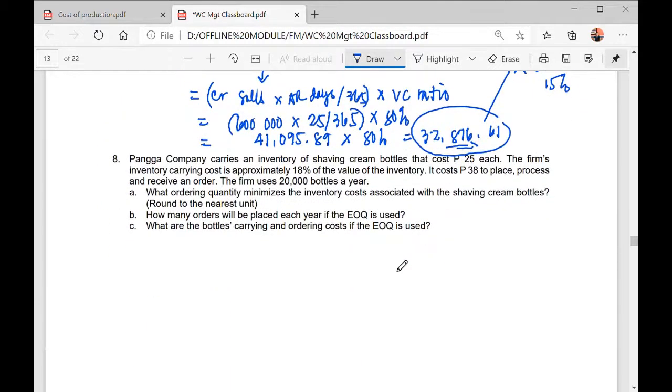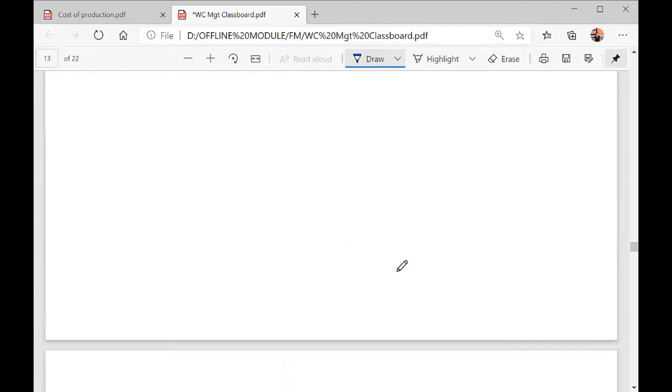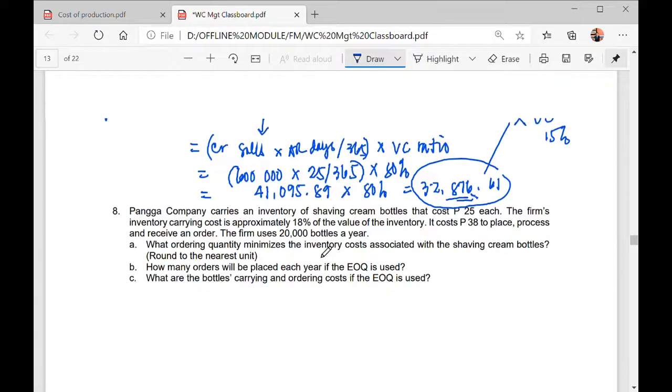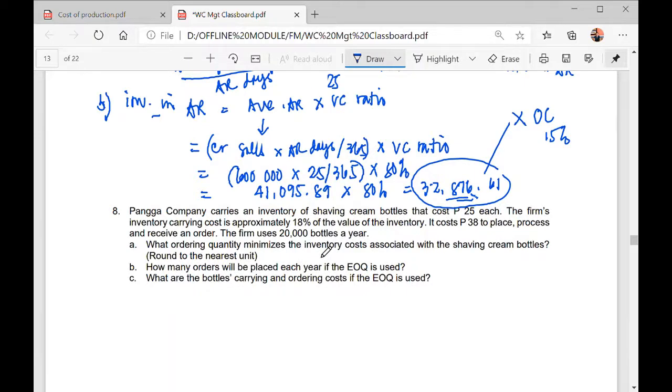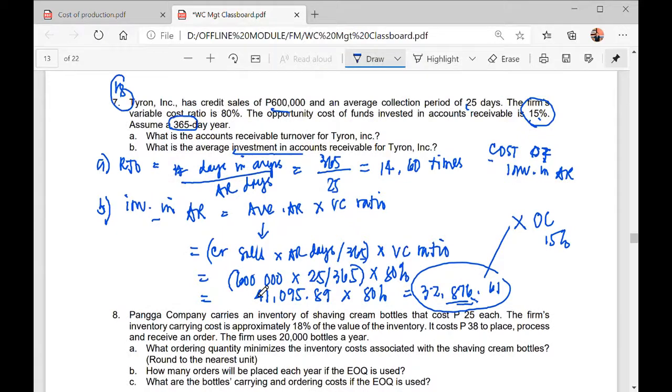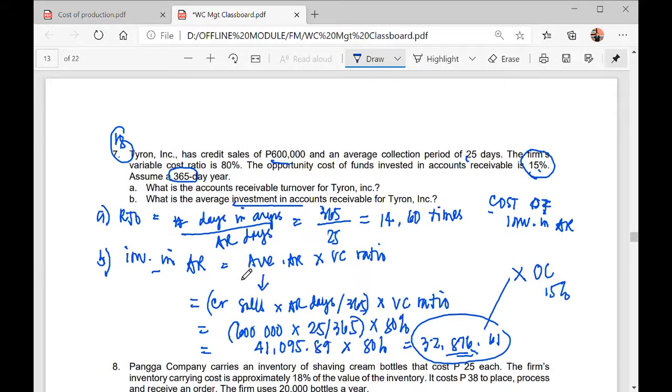Okay. And then the next question is regarding inventories naman ni Sia. So we will answer that if we already discussed the inventory nga lesson. Okay, so again ha, pag ang pangutan na is investment in AR, so mao ni ang formula. Okay, pag given ang VC ratio, so you multiply with the VC ratio, variable cost ratio. But if the variable cost ratio is not given, so this would be the answer, kaning average AR, kanina siya.